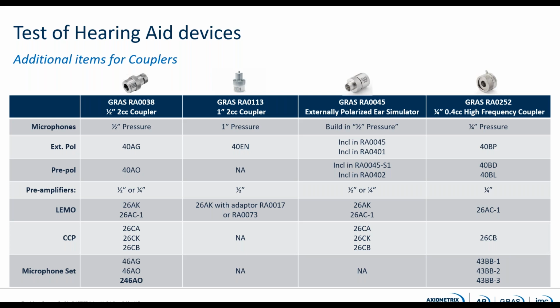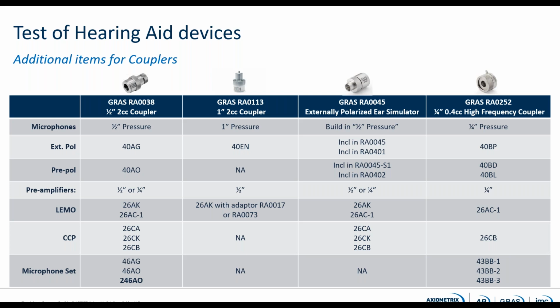We also have microphone sets. A microphone set is a combination of the microphone and a dedicated amplifier for that microphone. For microphone sets, we have one for externally polarized, the 46AG, and also one for pre-polarized, the 46AO.